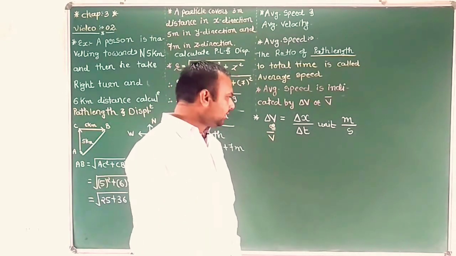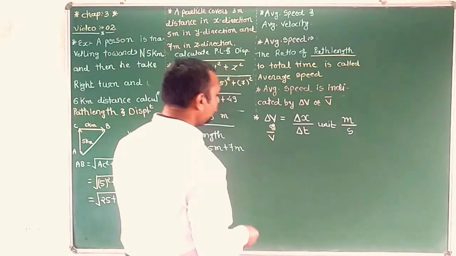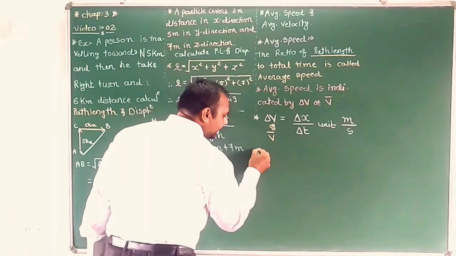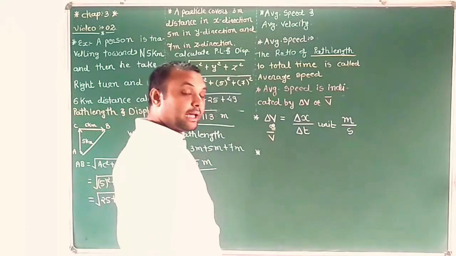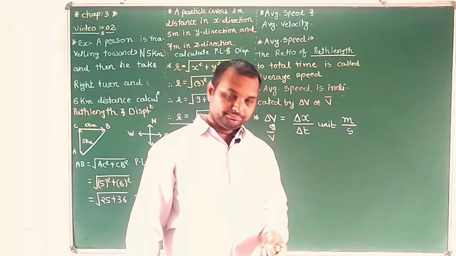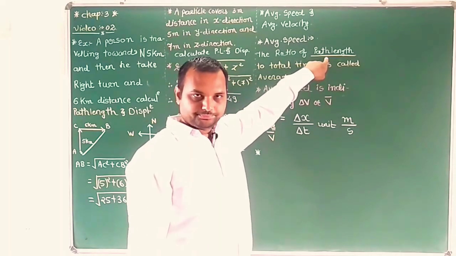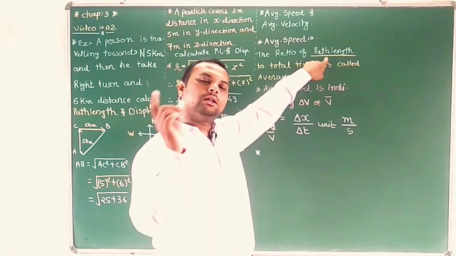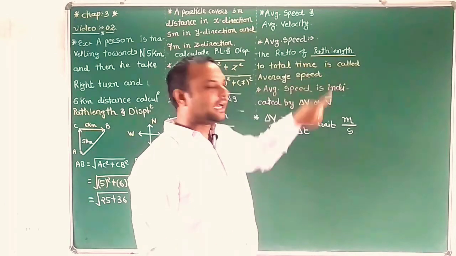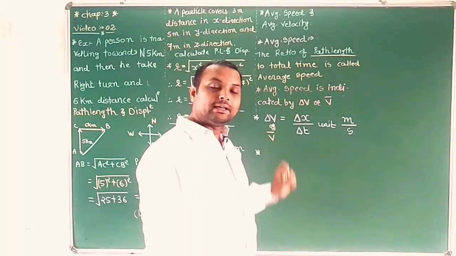Okay, so all the characteristics applicable to the path length, you can apply to the average speed.